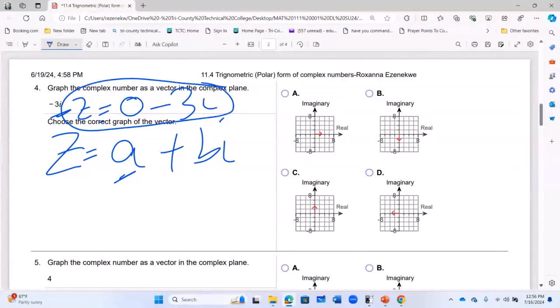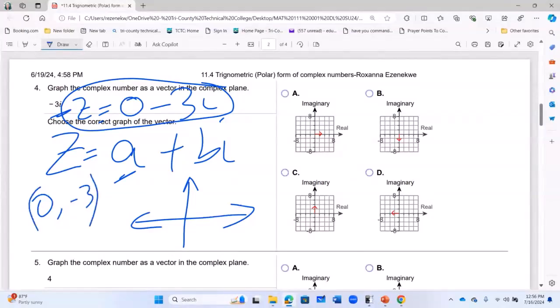All right, so I'm going to make a Cartesian coordinate, and I want to plot the point 0, negative 3. I'm plotting just a point, 0, negative 3. Everybody see, x did not move anywhere, but y had to move 3 points down. So this is negative 3. In other words, whenever the real part is 0, then the vector or the angle formed is a quadrantal angle.